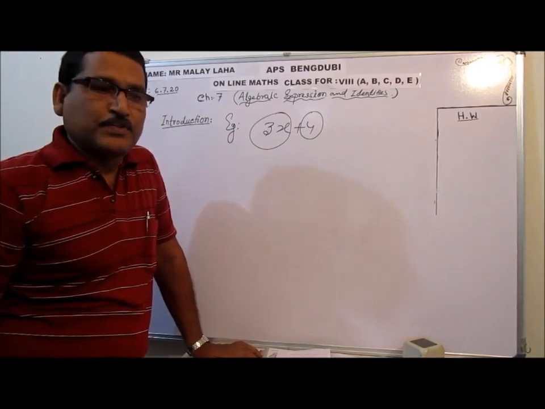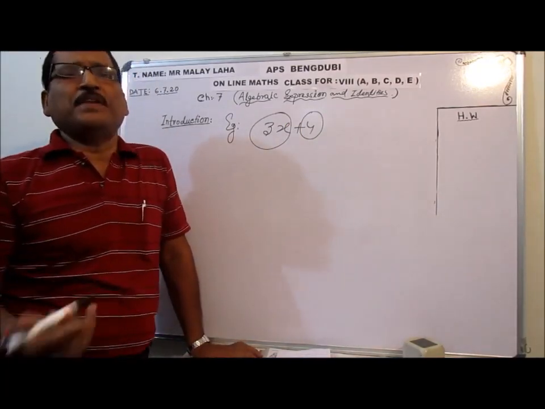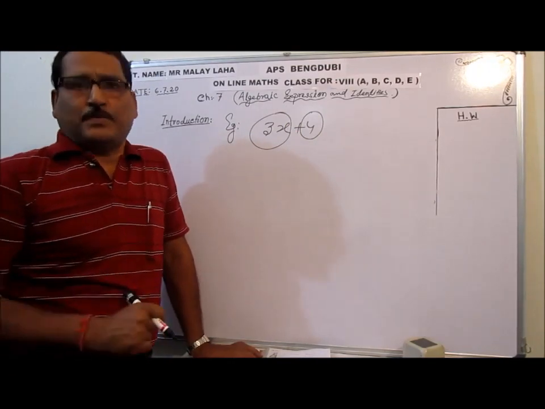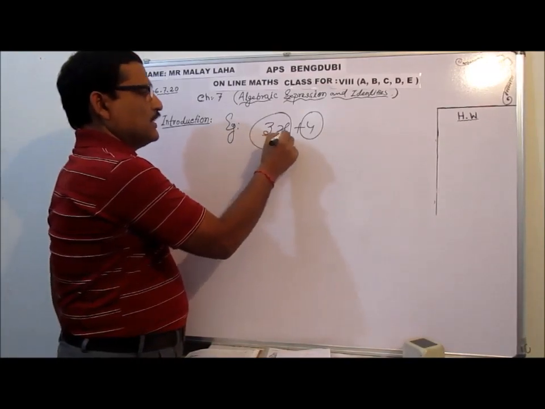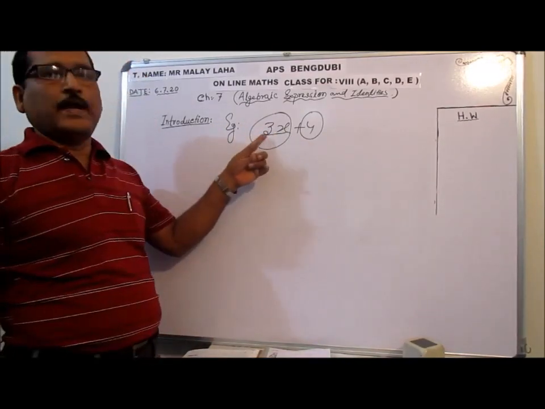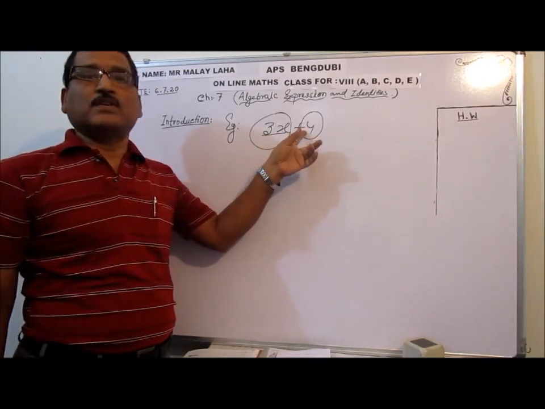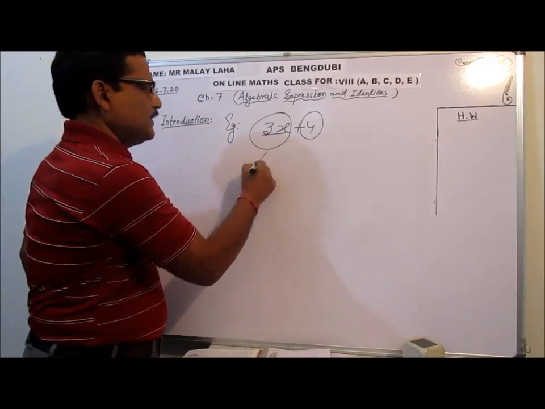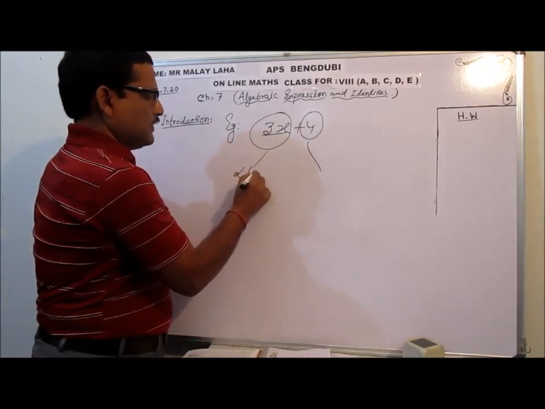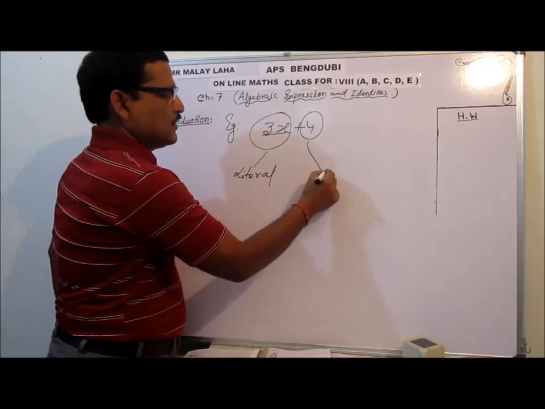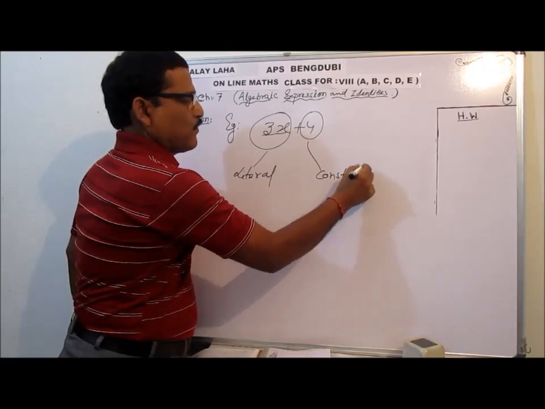Each part of the expression is called a term. An expression may consist of one term or many terms. It depends upon the statement. Clear? And inside the terms, these are called the factors. 3 and x are the factors of 3x, and 4 is a constant. So factors are basically of 2 types: literal factors and numerical factors, that is constants.